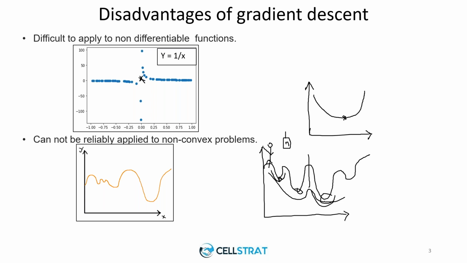So this is one of the biggest challenges in gradient descent: getting stuck in local minima and taking a lot of time to reach the global minimum. Another major drawback is that it requires hyperparameter tuning, like the learning rate. I think most of you are aware of what happens when you increase or decrease the learning rate. If you give a very high learning rate, the solution might never converge. And when you give a low learning rate, it might take a lot of time for the solution to converge to the global minimum.